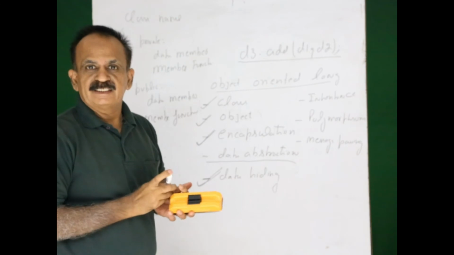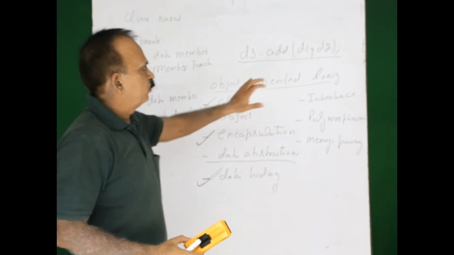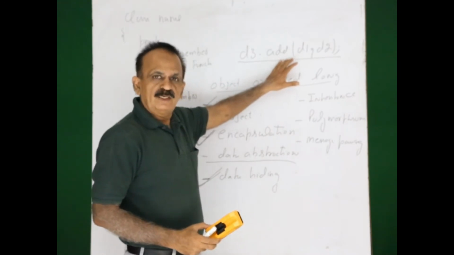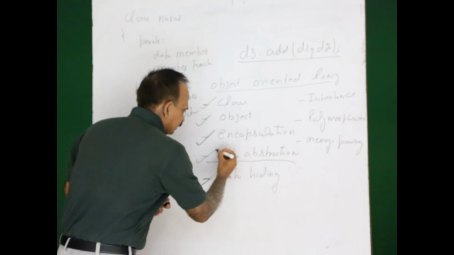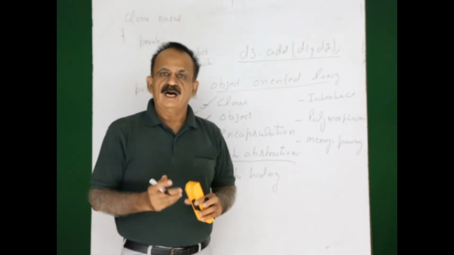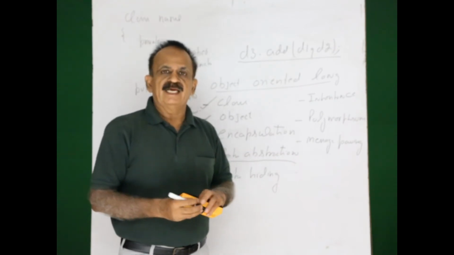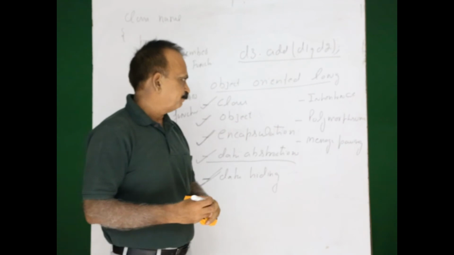This functionality is given within the class, and in the main program we only use this statement, and this is known as abstraction. That means we are using this without going into the details of how it is implemented. The implementation part is within the class.